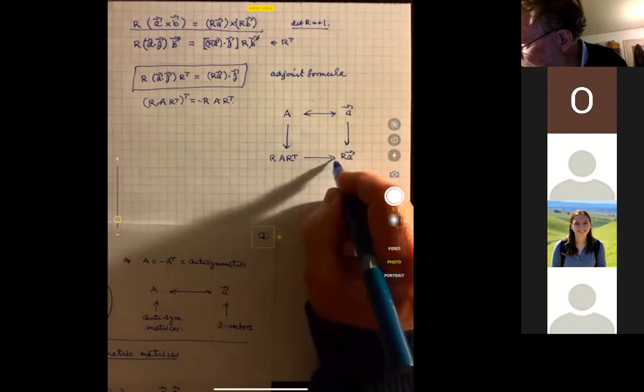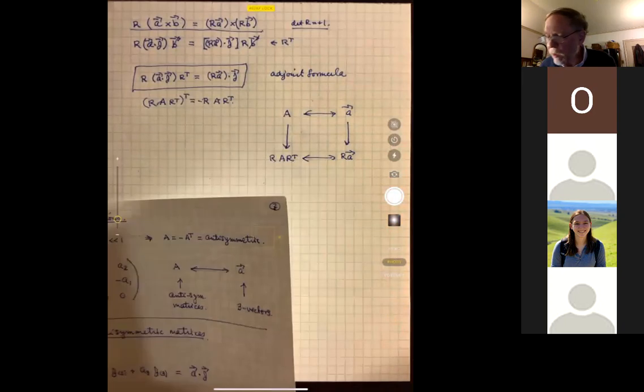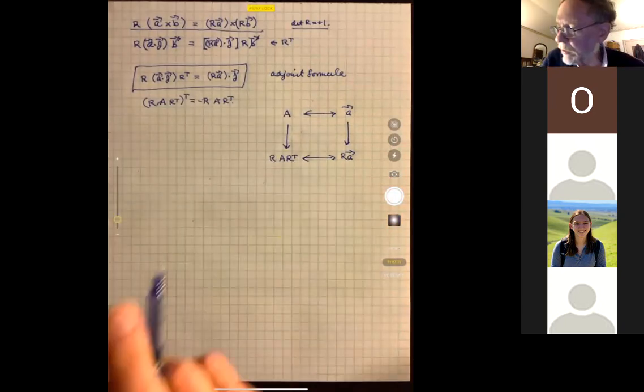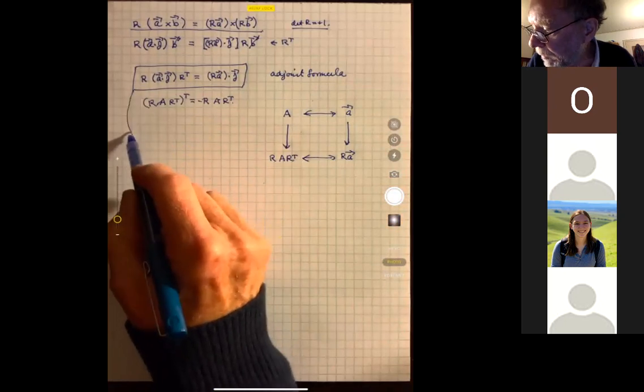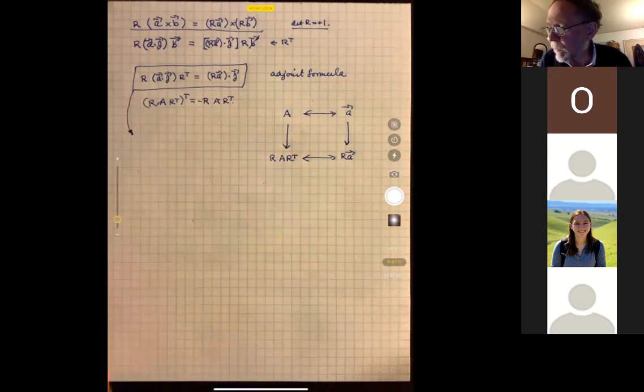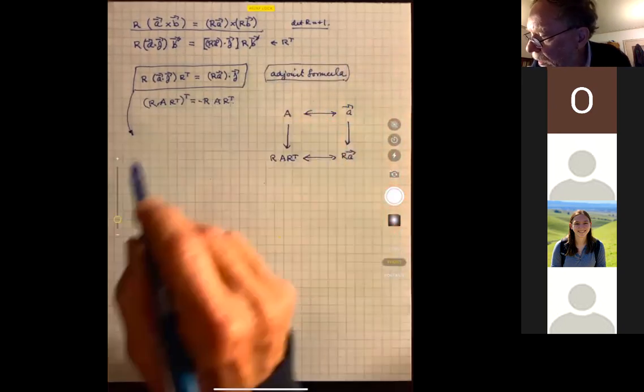And when you do that, these two then correspond by the correspondence. All right, so that's just an interpretation of this formula here, which otherwise makes a statement that the cross product transforms as a vector. All right, so this is this adjoint formula. We'll use it quite a bit.